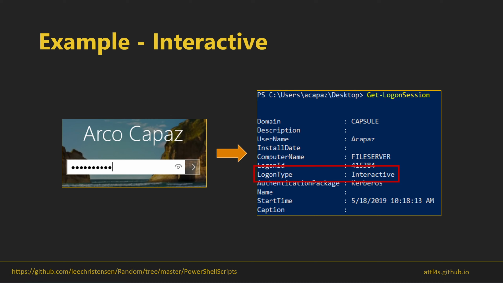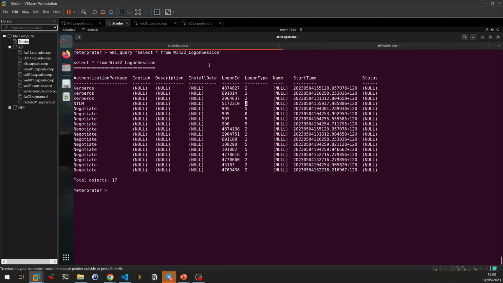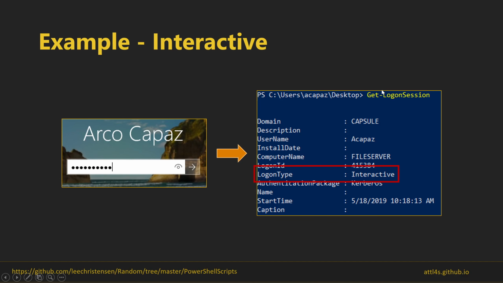And well, here there are other examples using Lee Christensen's Get-LogonSession script, which is a very good one. Essentially, the classes I'm checking here are the ones that are being checked by this script. The only thing is that this script correlates everything and presents the information in a better way.